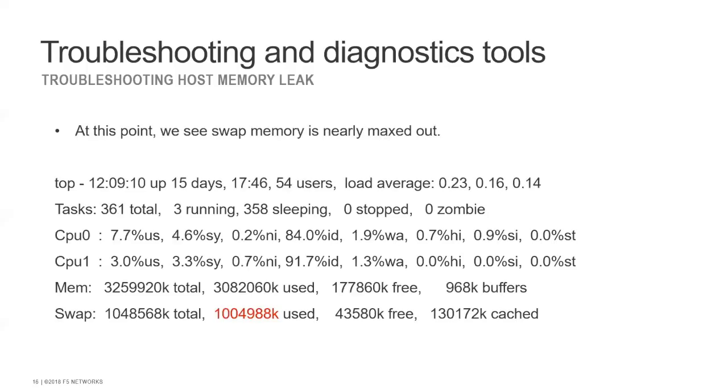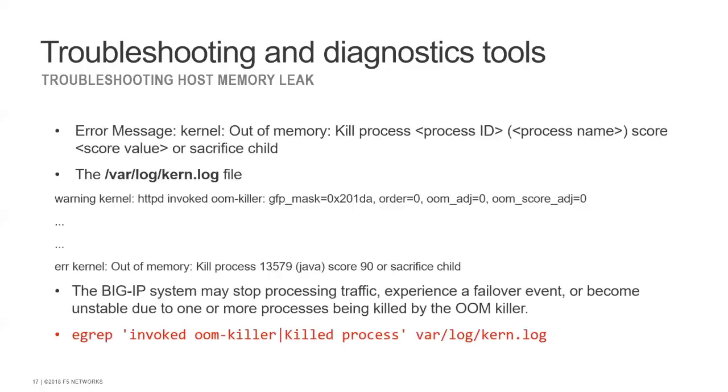At this point, we can see the memory is nearly maxed out. The swap here is around 1 gigabyte, which is enough evidence that there is a leak on the host memory.